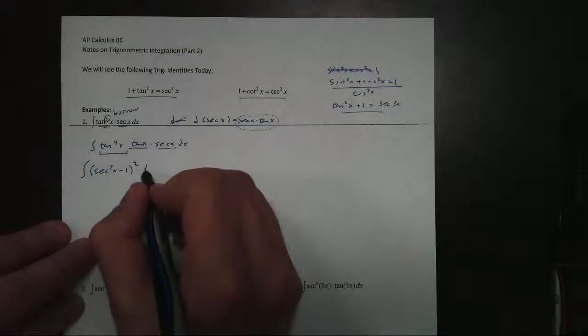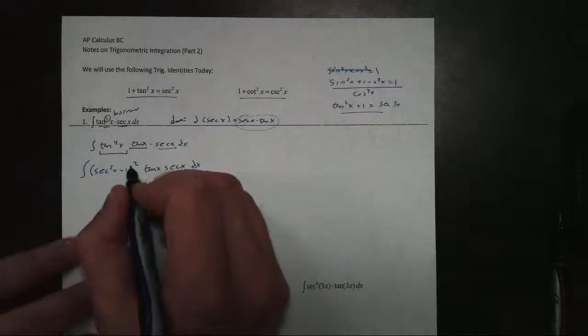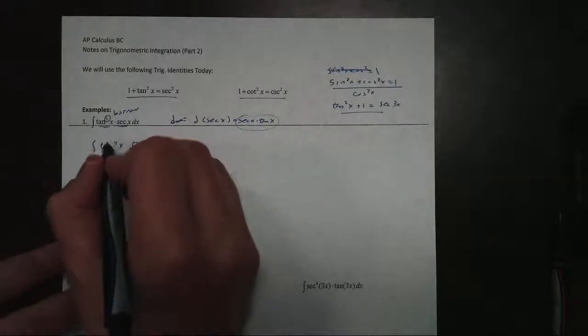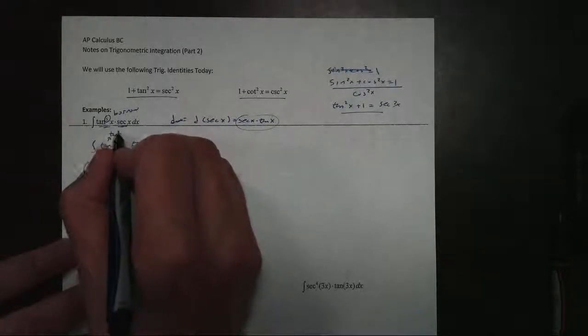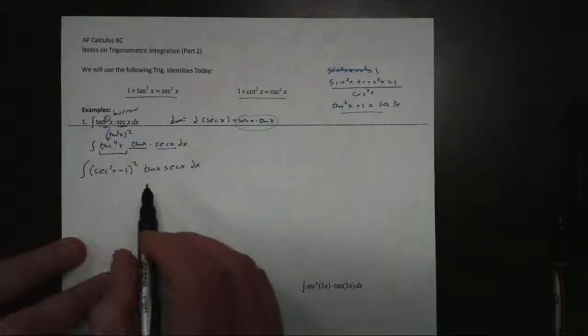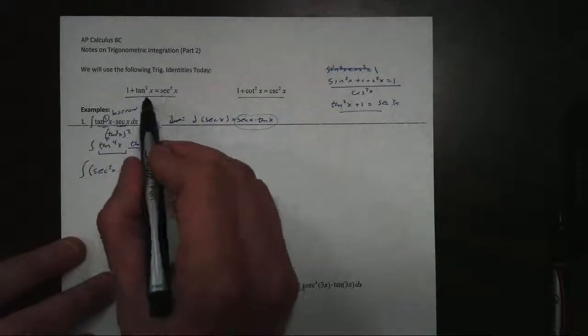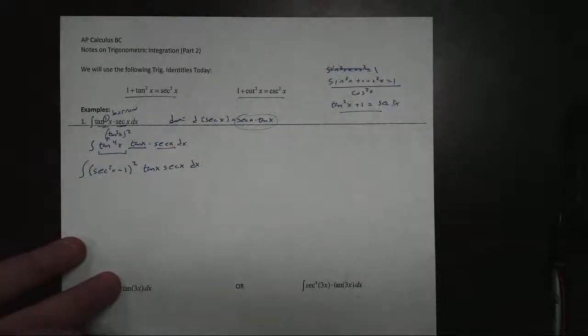This is going to be secant squared of x minus 1, squared, and this is going to leave me with the tangent of x times the secant of x dx. Now, where did I get the square from? Remember, this is just the tangent squared of x, squared. And I can rearrange it to get me my tangent squared of x.